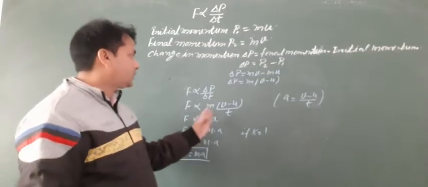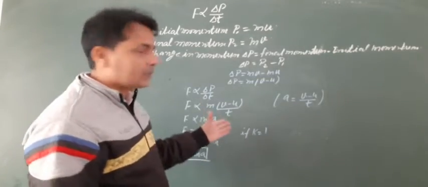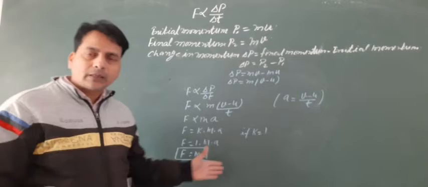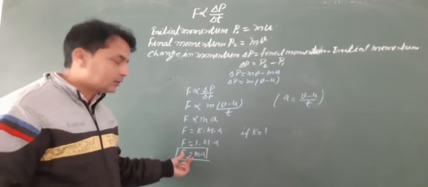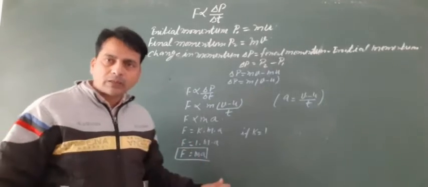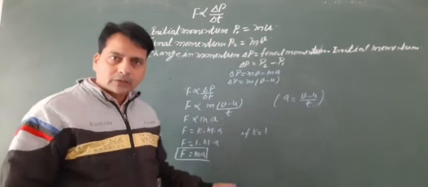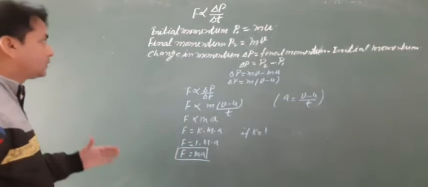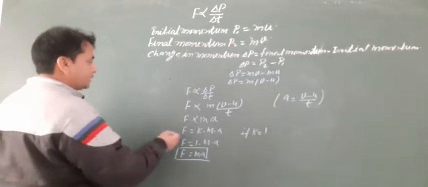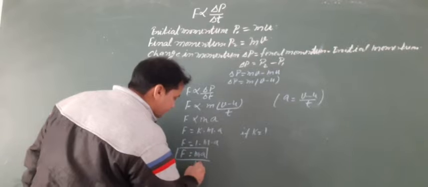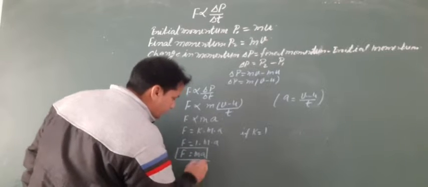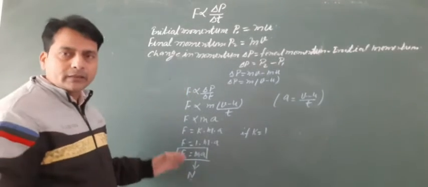These are the steps for the derivation of Newton's second law of motion: the applied force is the product of mass and acceleration. The unit of force is Newton.